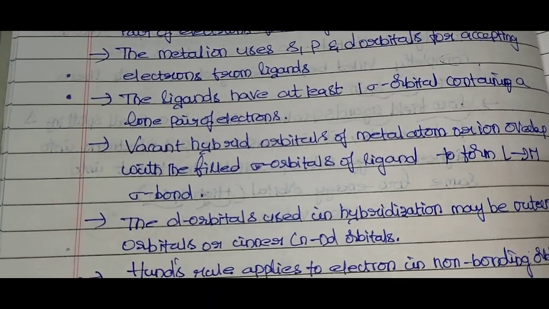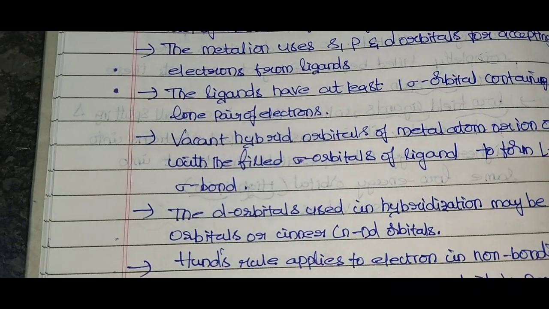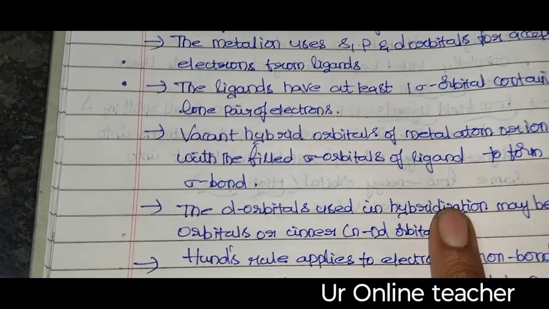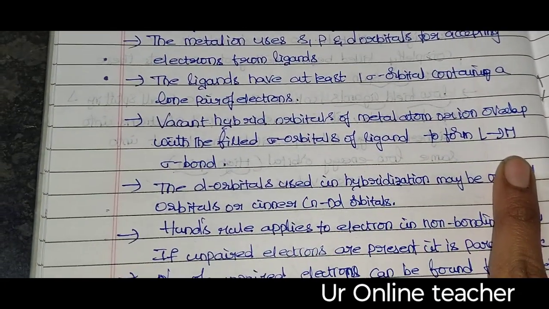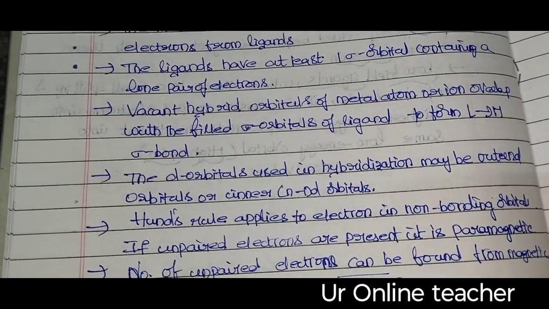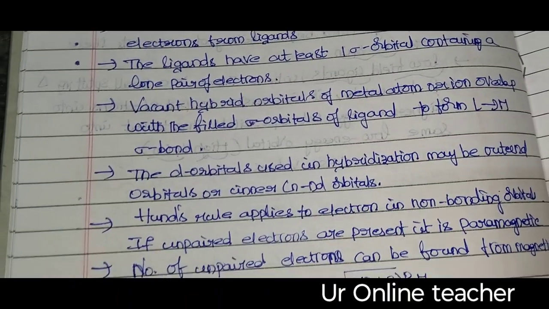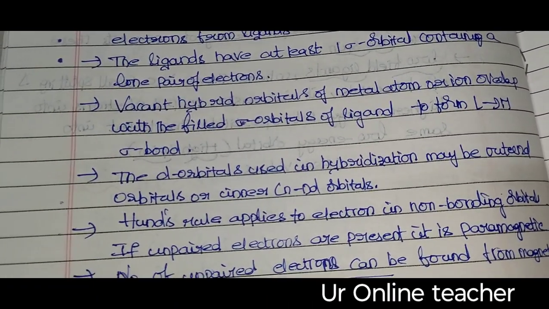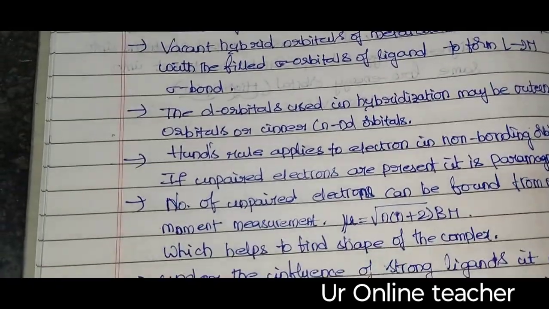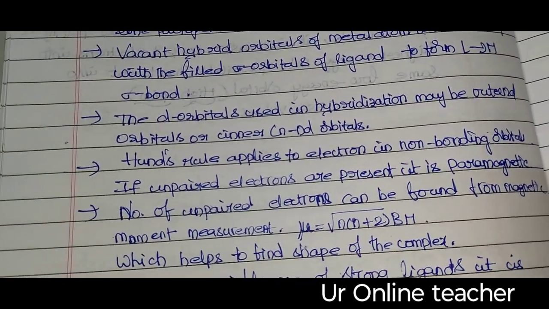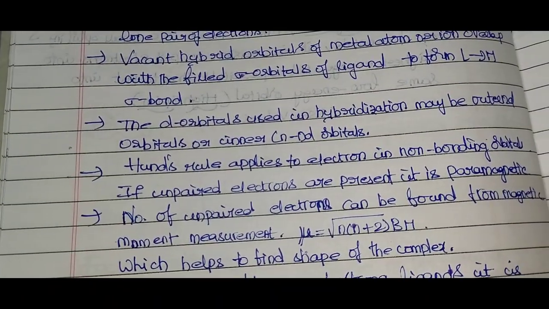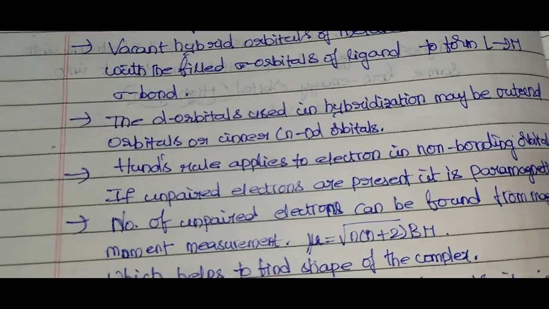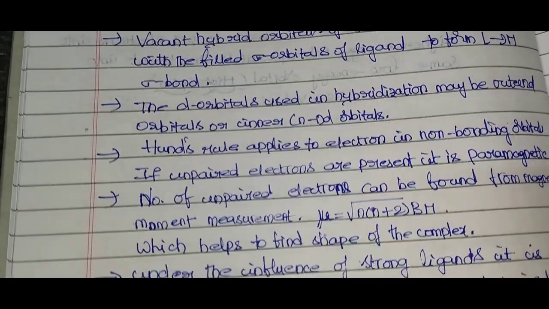The vacant hybrid orbitals of the metal atom or ion overlap with the filled sigma orbitals of the ligand to form the L-M sigma bond. The d orbitals used in this hybridization may be outer d orbitals or inner (n-1) d orbitals.